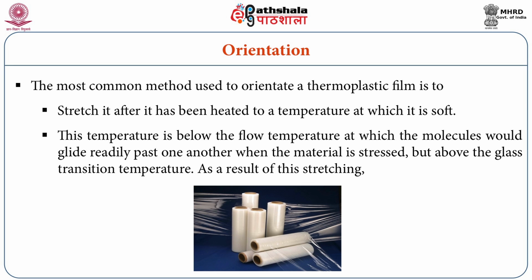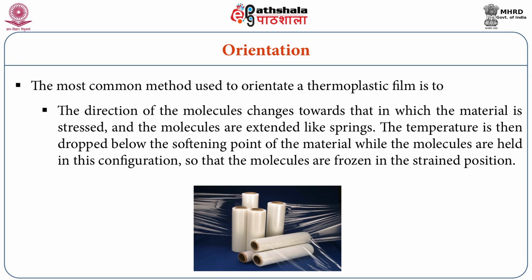As a result of this stretching, the direction of the molecules changes towards that in which the material is stressed and the molecules are extended like springs. The temperature is then dropped below the softening point of the material while the molecules are held in this configuration, so that the molecules are frozen in the strained position, which improves the properties.